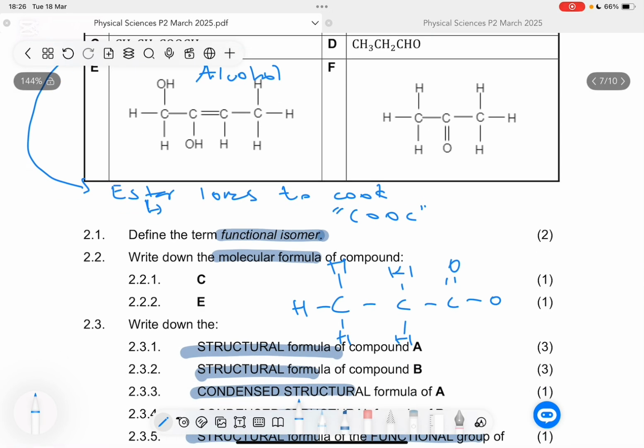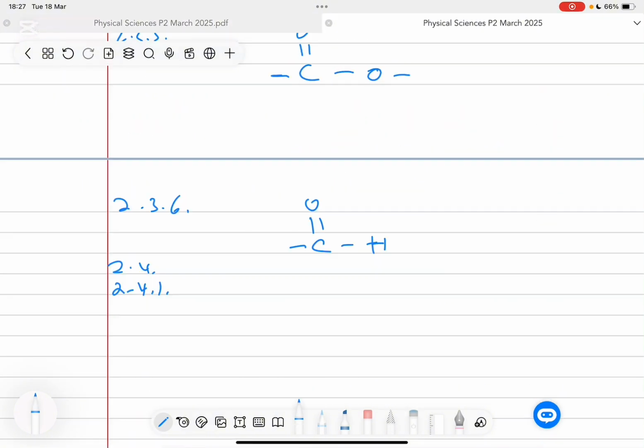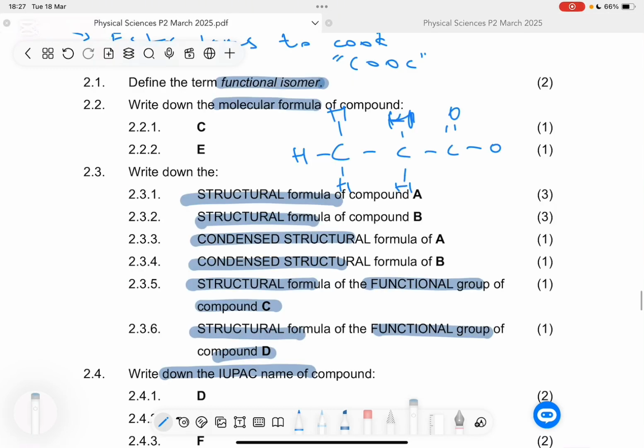Now when we look at this structure, it is evident to us that it is made up of 3 carbon atoms. That would mean that it's a prop. Our prefix, meaning the first letters of our name, would be prop. So we'll begin by writing here prop because we have 3 carbon atoms.